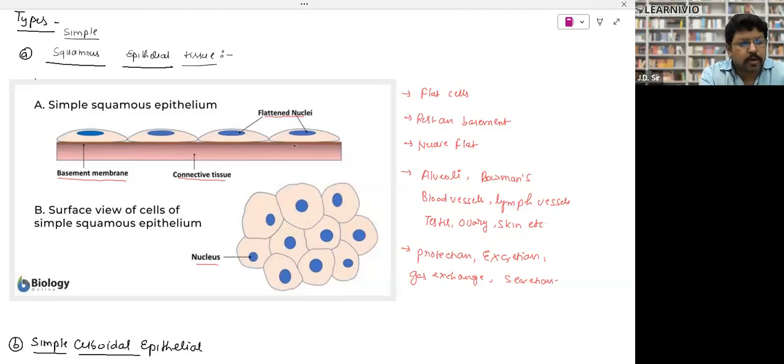Note down quickly, draw the diagram quickly.